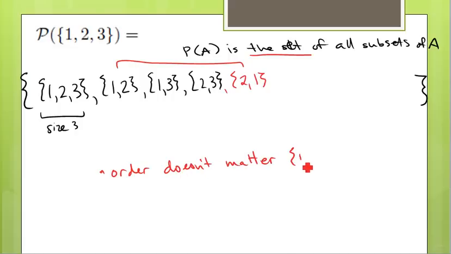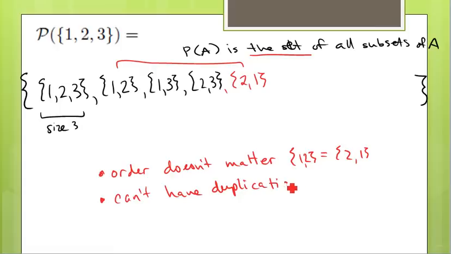So 1, 2 is the same set as 2, 1. And you also can't have duplication in a set. So because these two are the same, having them in there like this would be duplication.